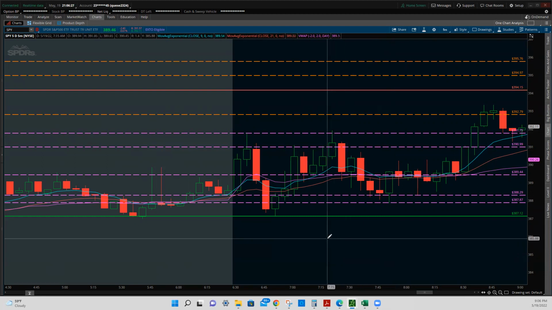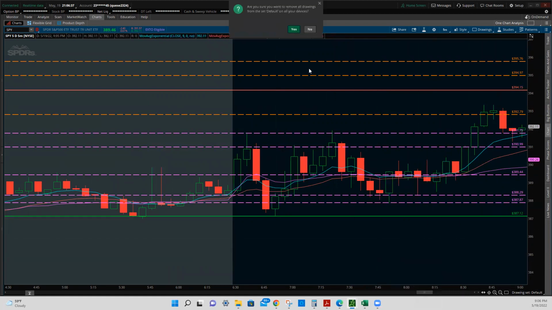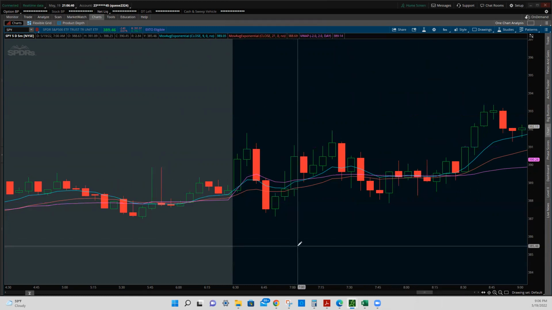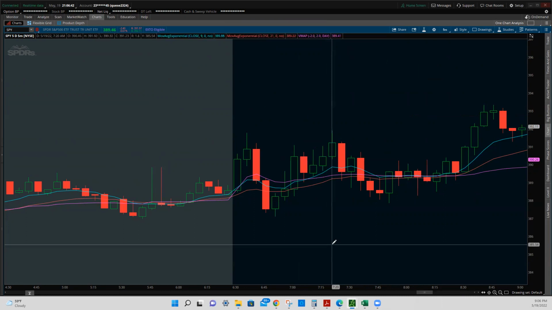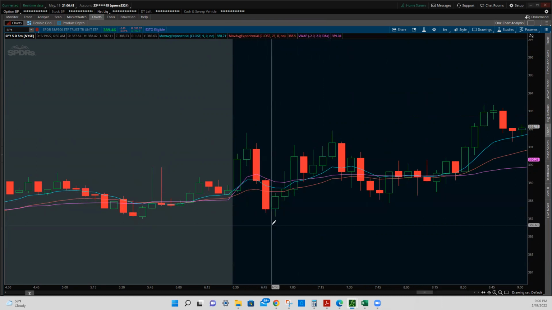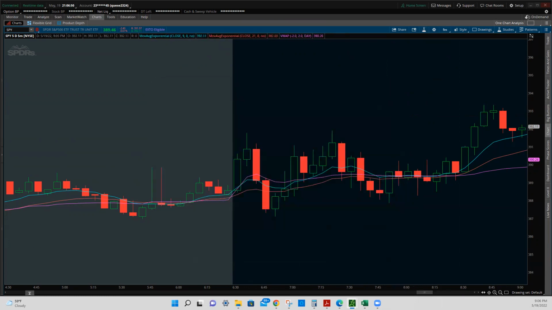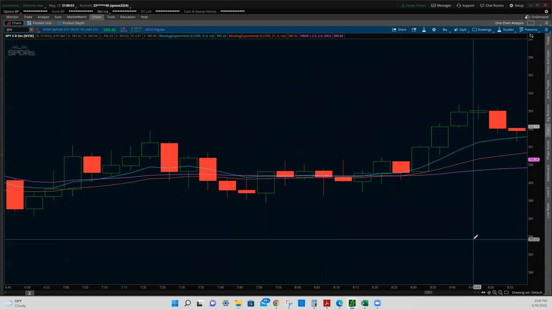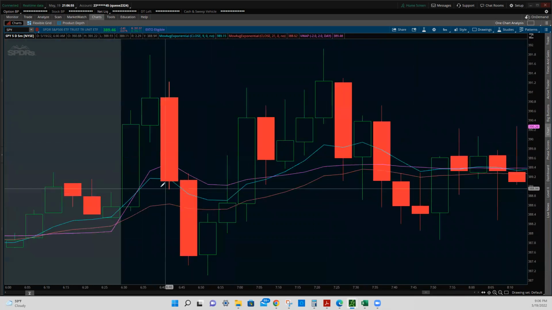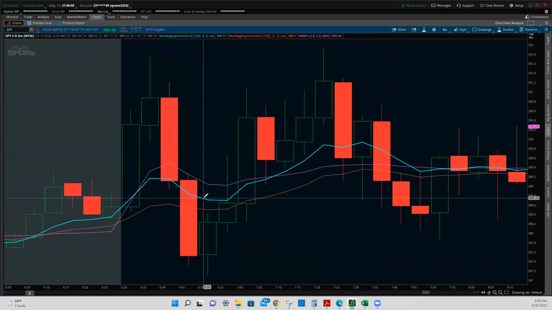So let's say we were trading, right? So if we were to just remove all the lines I created, we just have these lines now. And so the blue line, which is the 9 exponential moving average, is basically a line that tracks the average of the price over a certain amount of time.